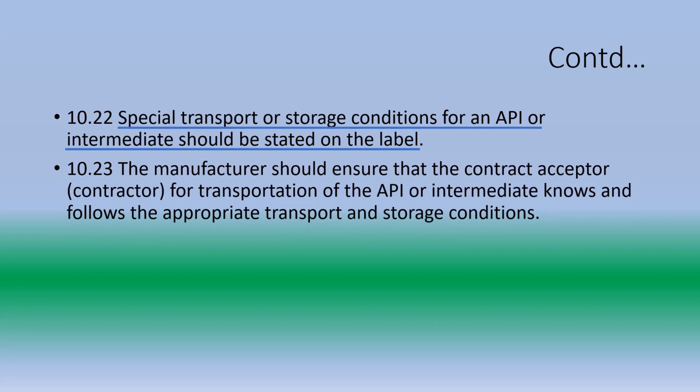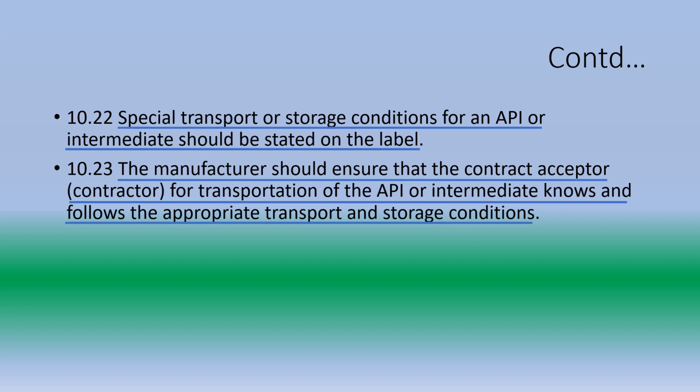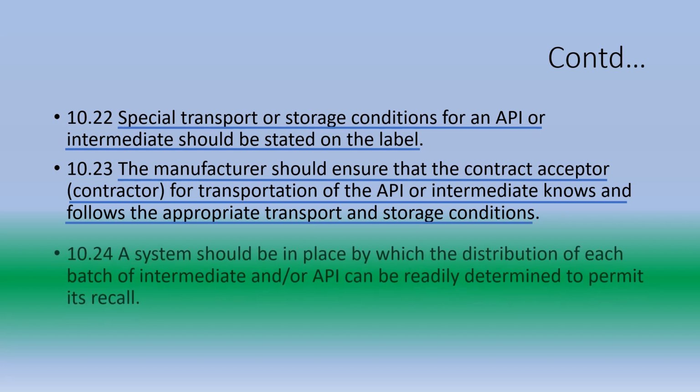Section 10.23 prescribes the manufacturer should ensure that the contract acceptor, that is the contractor for transportation of the API or intermediate, knows and follows the appropriate transport and storage conditions. Section 10.23 is also an implied requirement in 21 CFR Part 211 guidelines.